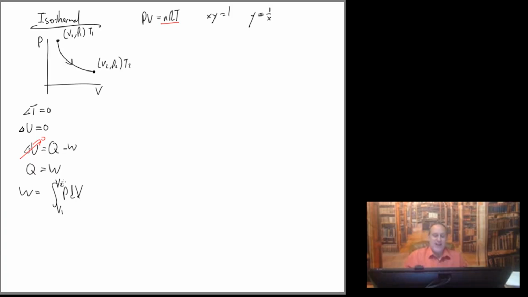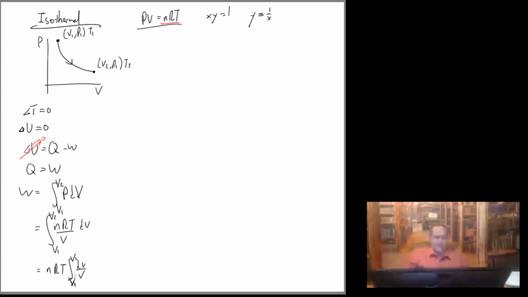We need the functional formula for P, and that's where the ideal gas law comes in. P is just nRT over V. So we have the integral of nRT dV over V, and n, R and T are all constants. So this is nRT times the integral of dV over V from V1 to V2.